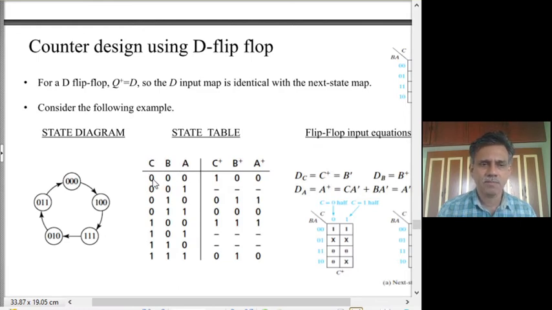So the state values can be 0, 0, 0, 0, 0, 1, all the way to 1, 1, 1. For each one of them, you look at the state graph and find out what the next state should be. If the present state is 0, 0, 0, the next state has to be 1, 0, 0. So you fill the next state variables C plus, B plus, A plus as 1, 0, 0.